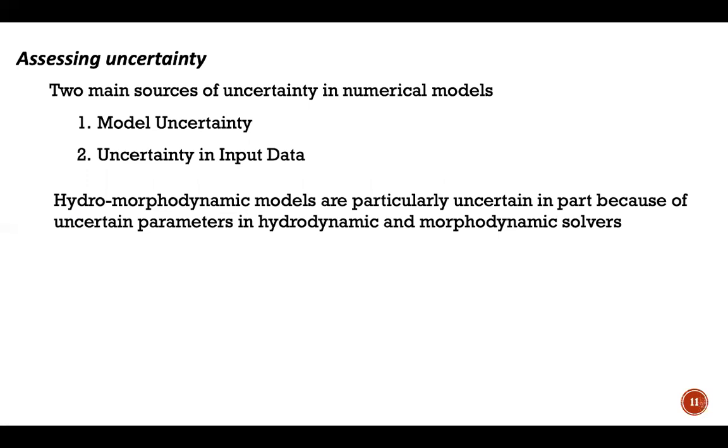There are all sorts of parameters in your model that you need to set, which you might not be very confident about. Even things like the time step have some uncertainty associated with them. The other source of uncertainty tends to be in the input data. If we take the example of coastal erosion, if you're lucky, someone will come and take a profile of the beach every 5 years.